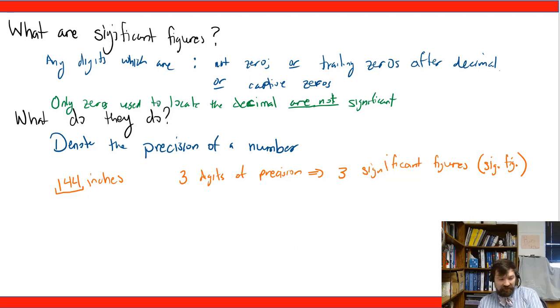Now let's say that you forgot to write that down, and so you come back the next day and you need to remeasure it. And on the next day, all you have available is a ruler.